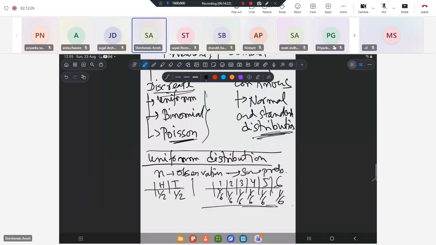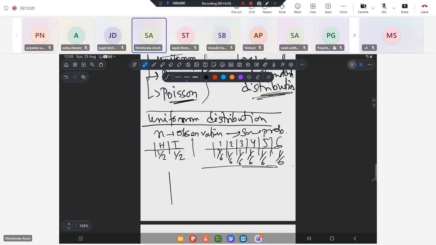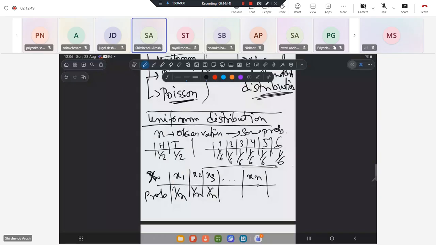Typically, if I try to write it, you have the variable x with probability, if there are n values, that is x1, x2, x3 till xn. Since there are n values, each and every observation, or random variable, is going to get the same probability of 1 by n.